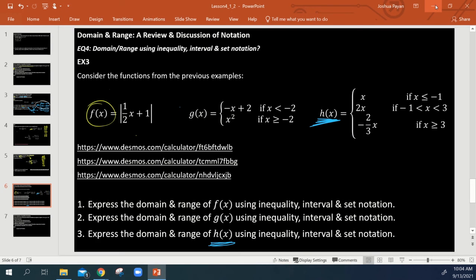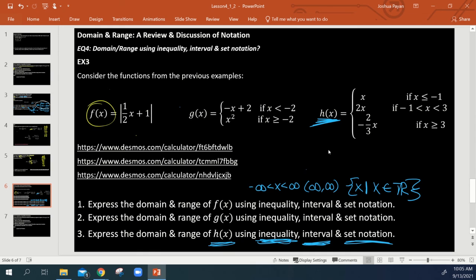Depending on what notation we're using, we would say negative infinity is less than x is less than positive infinity, or interval notation, curved bracket, because we're not being inclusive of infinity. We can't include infinity. And then set notation would just be x such that x is a real number.